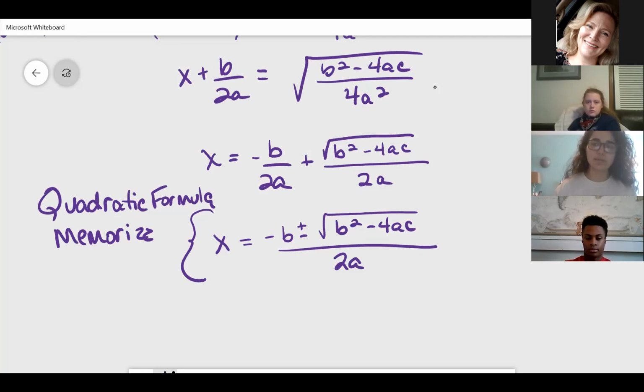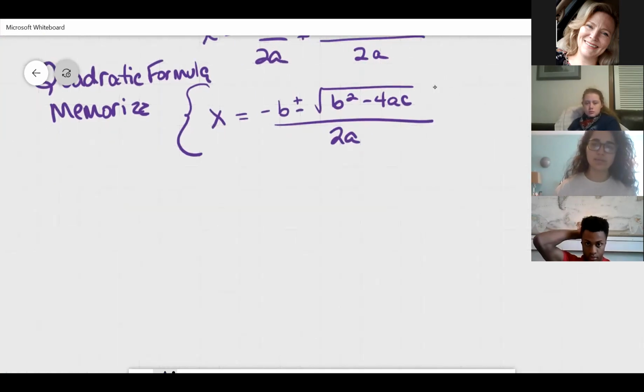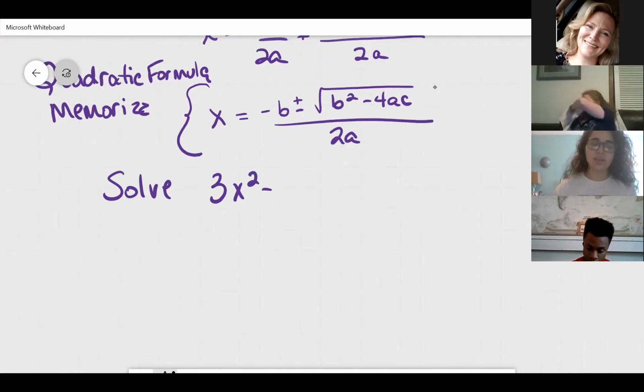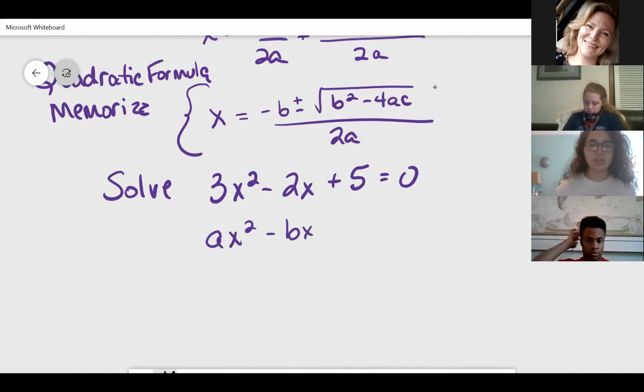All right, so I've got this quadratic formula. And now we're going to say solve 3x squared minus 2x plus 5 equals 0. Okay, remember we started off with that equation ax squared plus bx plus c equals 0.